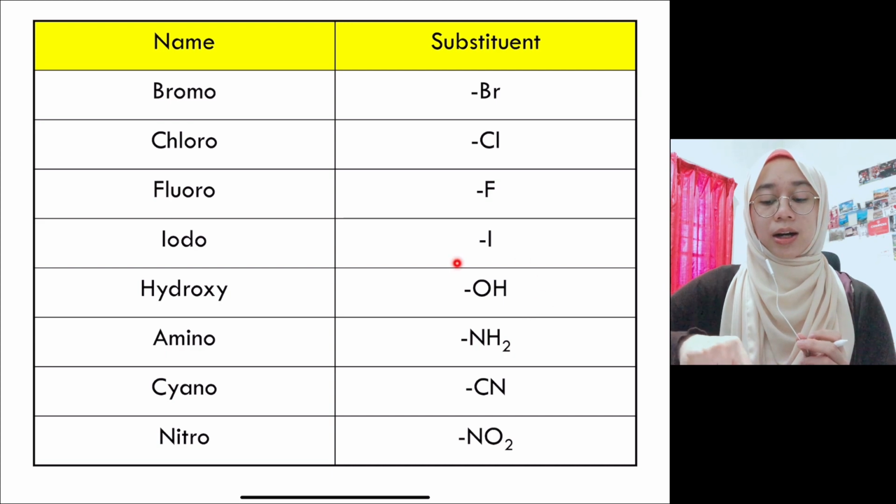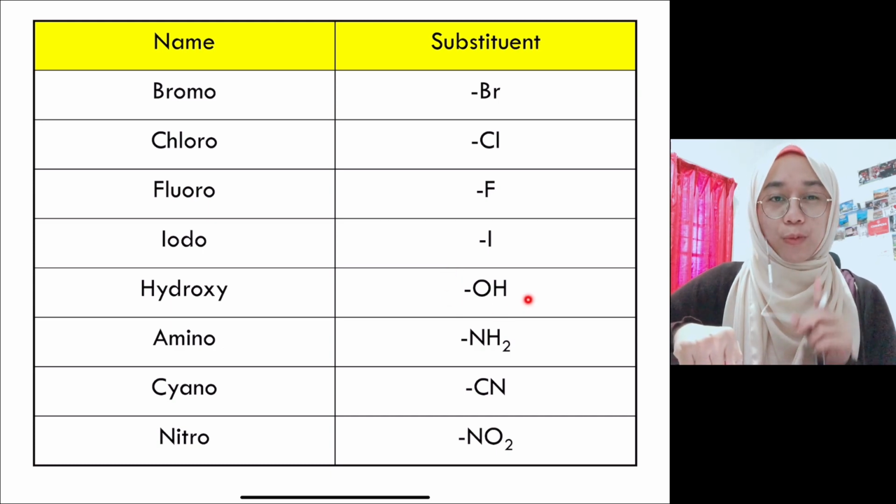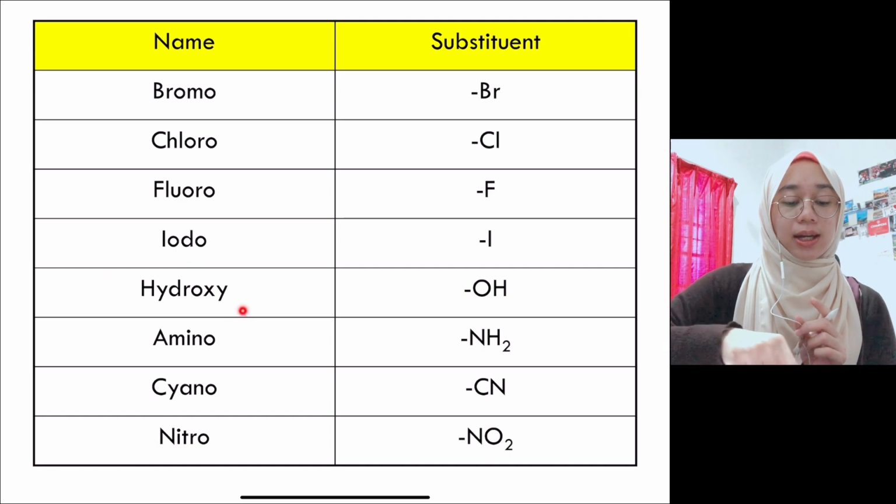We have alcohol. Okay, so our alcohol, the name of the functional group is hydroxyl, with an L. But if the hydroxyl group becomes the substituent, then you call it hydroxy. Okay, hydroxy without the L, be careful.